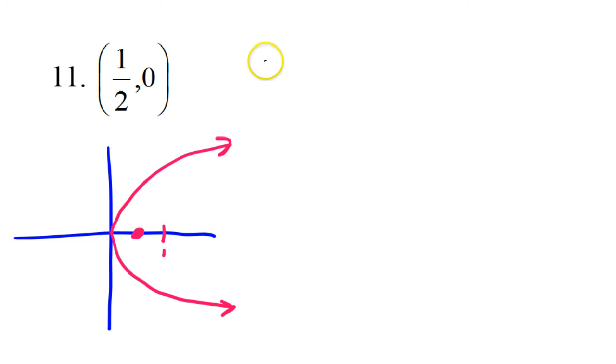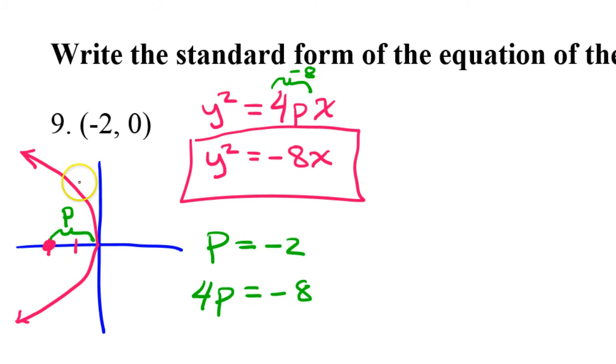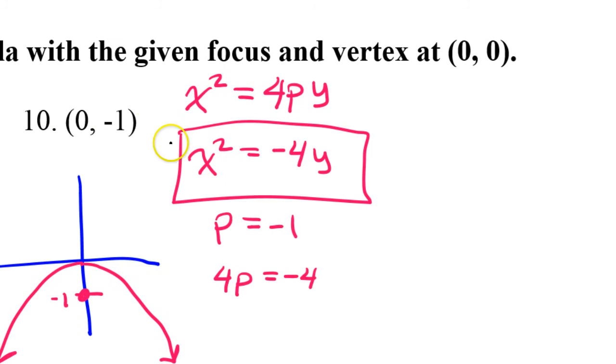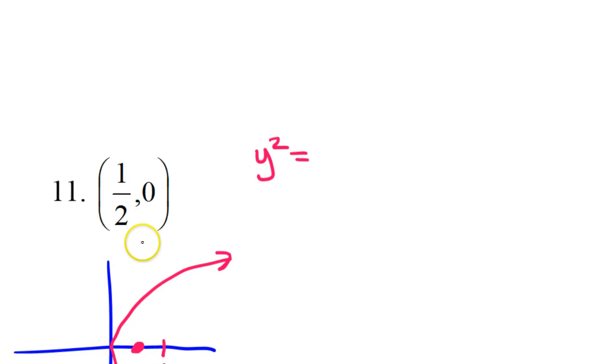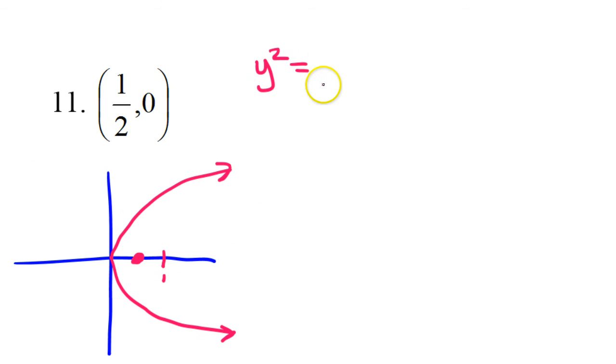This is a sideways parabola. That tells us that the equation will start off with y squared. It's always y squared when it's sideways, just like number 9. And it's always x squared when the parabola is vertical. So it's sideways, so it'll be y squared. Y squared equals 4p times x.